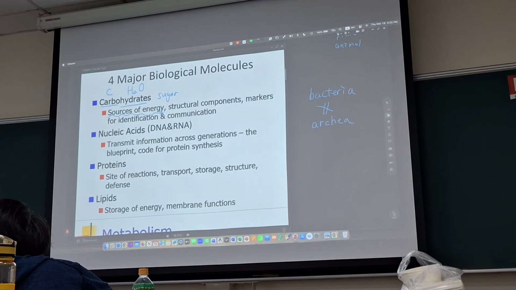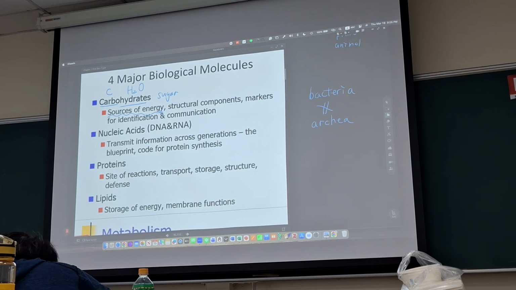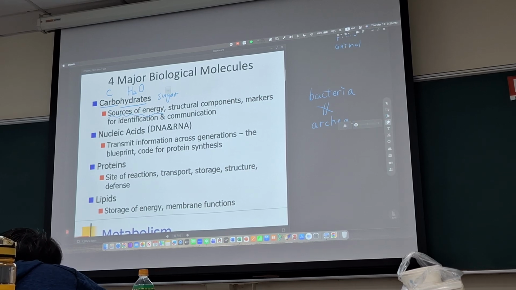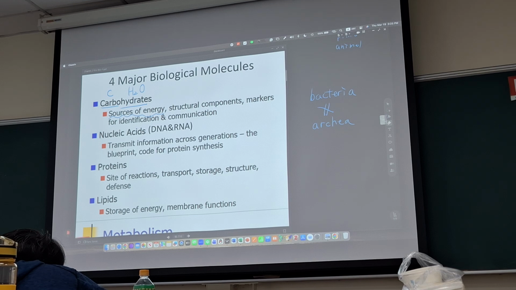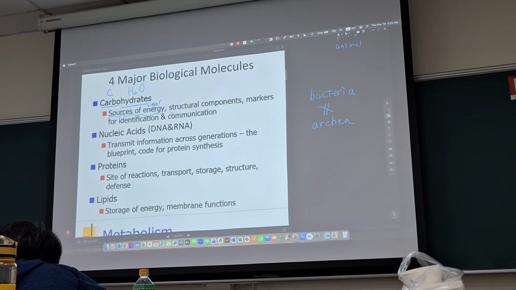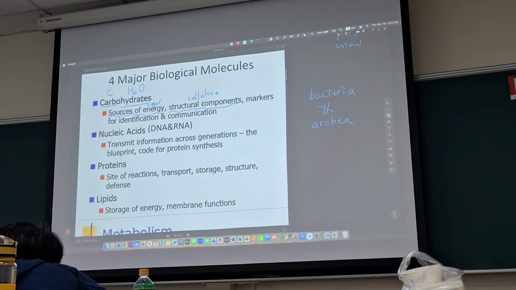And some carbohydrates are also used as a structural component, for example, like cellulose, 纤维素.